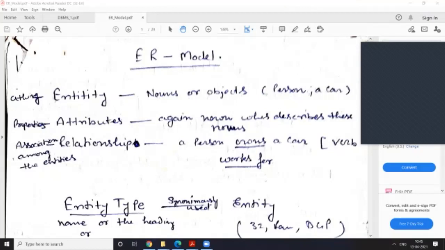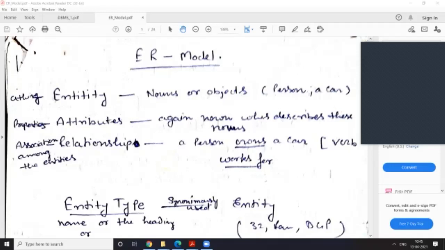So how can you define a relationship? An association among the entities is known as the relationship. This relationship in an ER diagram is represented by the diamond symbol, and attributes are represented by the oval symbol.